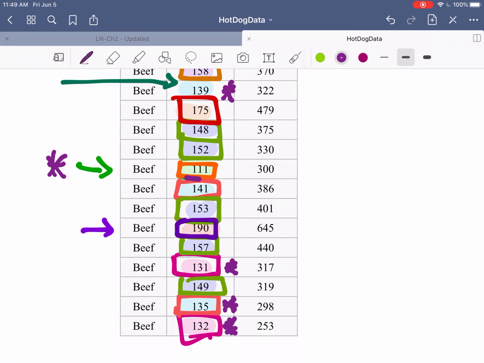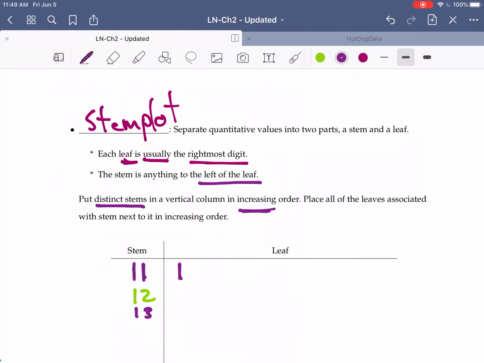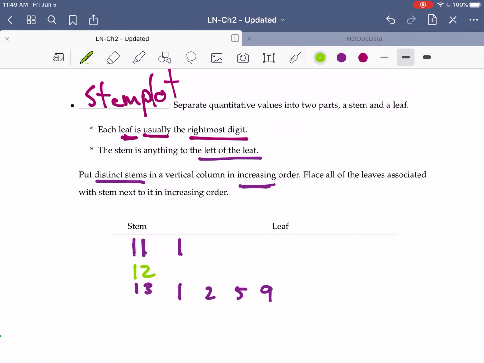So we're going to have leaves that are 1, 2, 5, and 9, associated with a stem of 13, right? So that 13 is representing 130, and then we have 131, 132, 135, and 139.